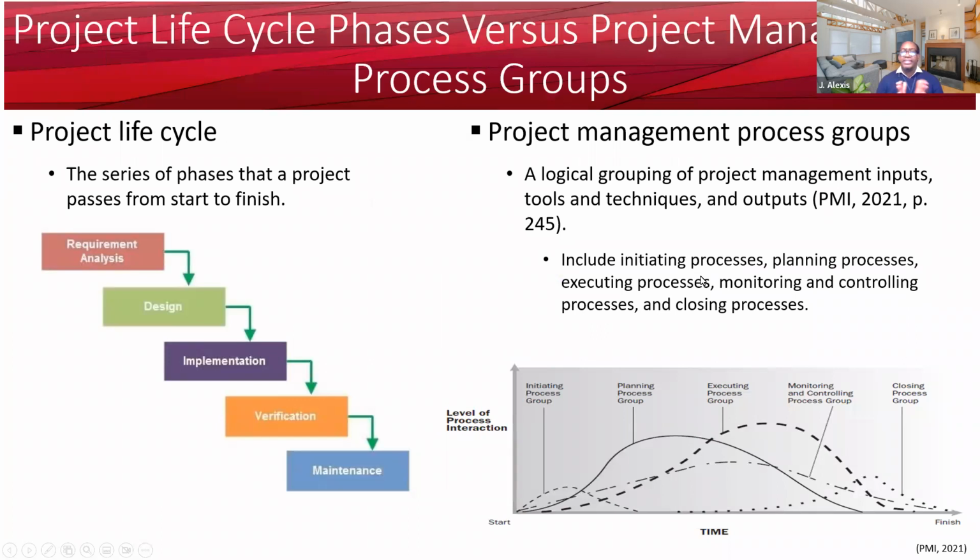Now, what is the difference between project lifecycle phases and project management process groups? This is confusing for a lot of people. Some people, when you ask them for project phases, say initiating, planning, executing, monitoring and controlling, and closing. This is incorrect.